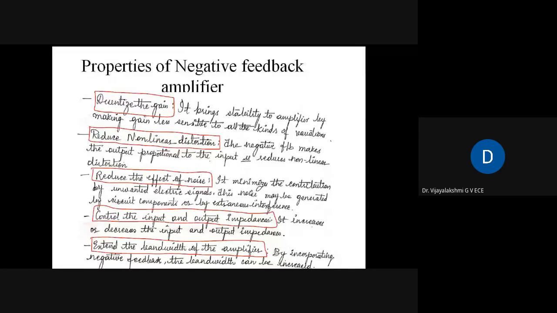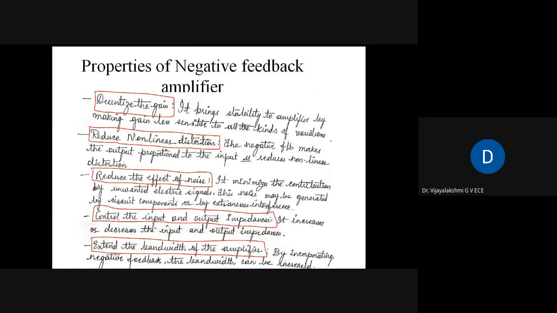So we can go for negative feedback. I'm sorry, when I said negative amplifier, I'm talking about negative feedback. Negative feedback makes the output proportional to the input. Proportional means the variation in the input is the same as the variation in the output. So we are trying to reduce the non-linear distortion by going for negative feedback.